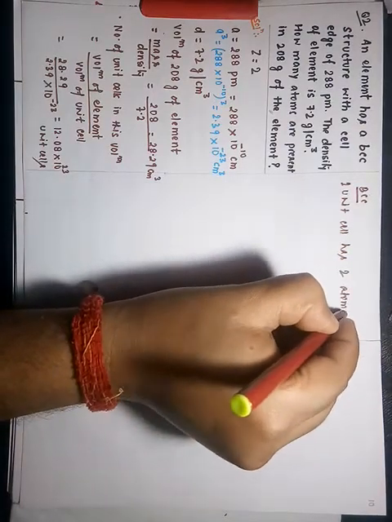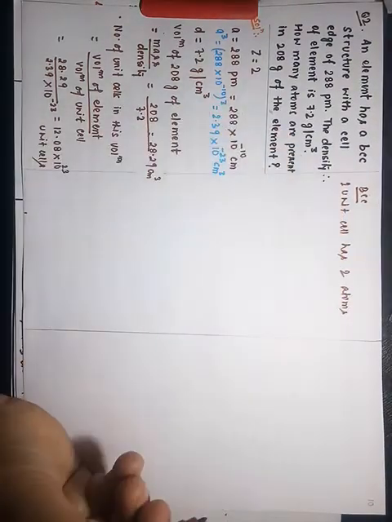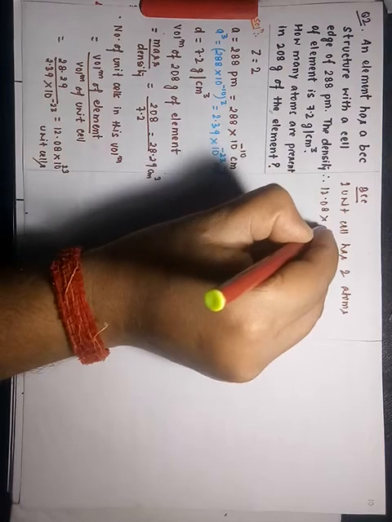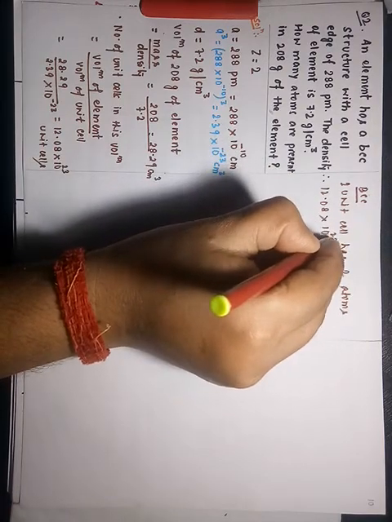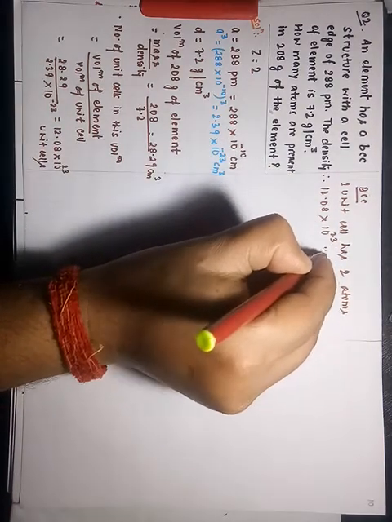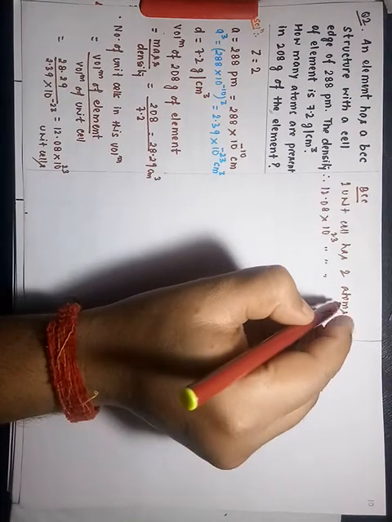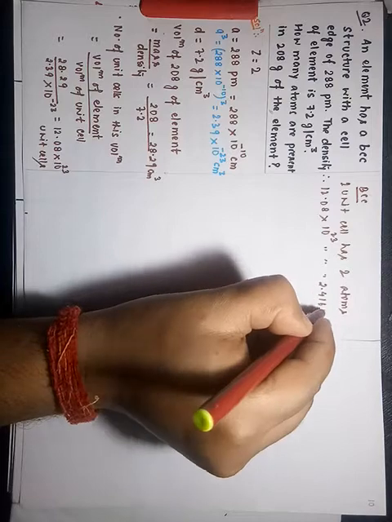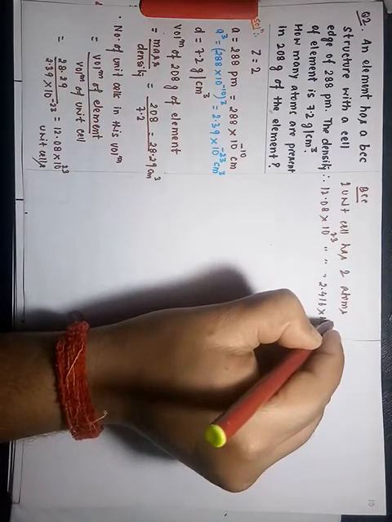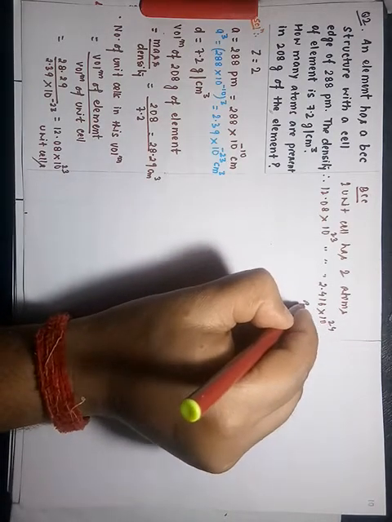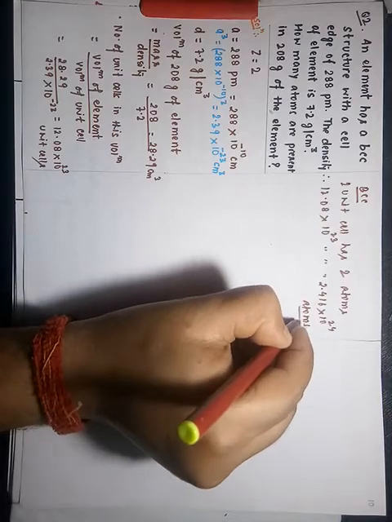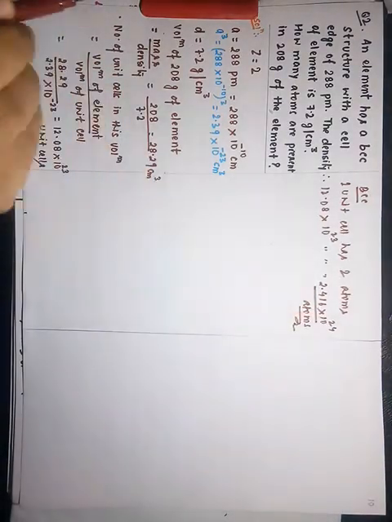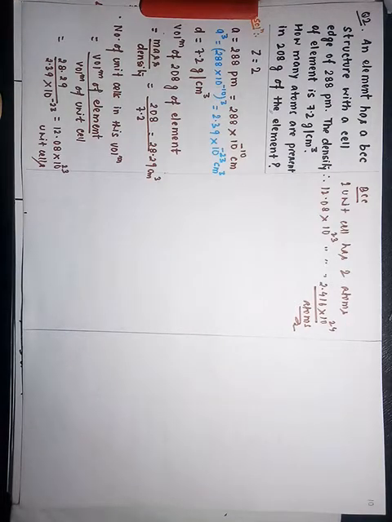BCC has 2 atoms. Therefore, these many unit cells, 12.08 into 10 to the power 23 unit cells, you do the multiplication, it will give us 2.416 into 10 to the power 24 atoms. So this is your answer, student. 2.416 into 10 to the power 24 atoms.